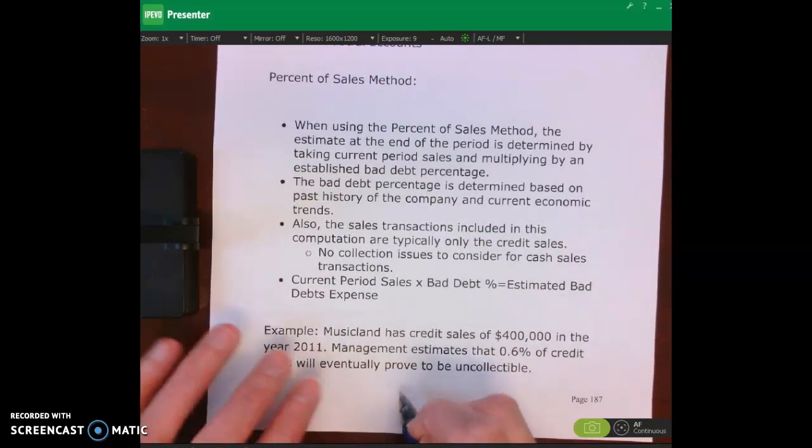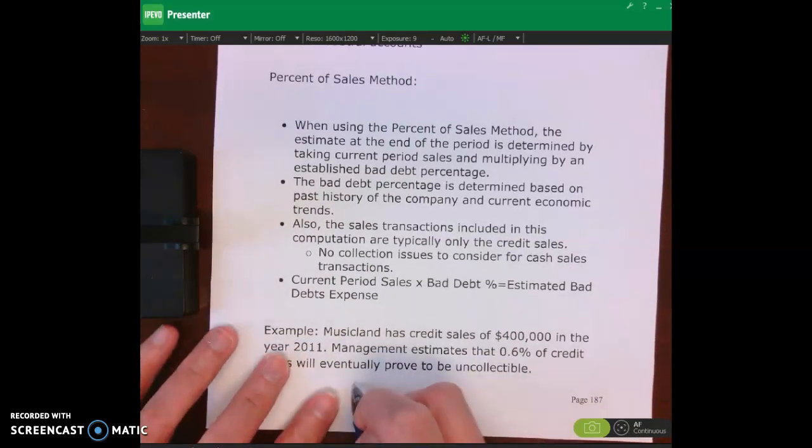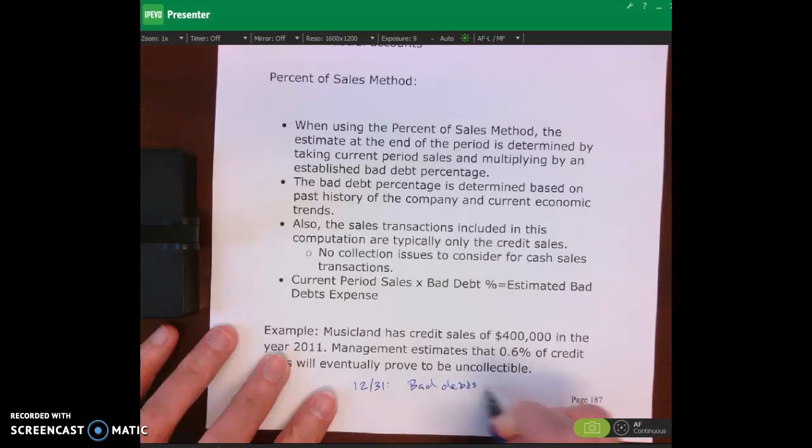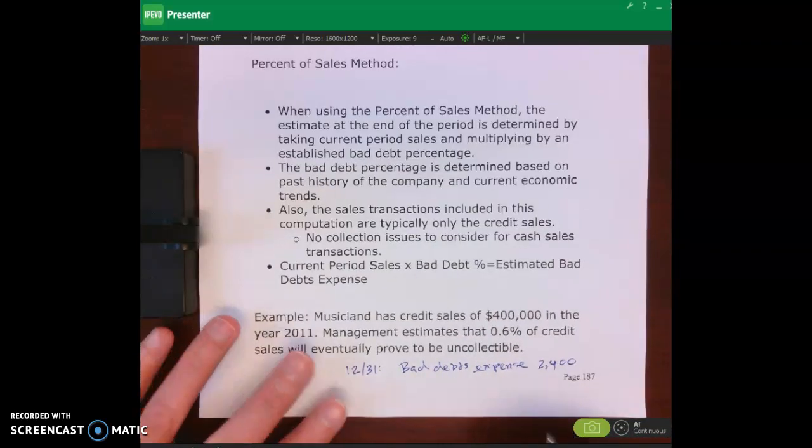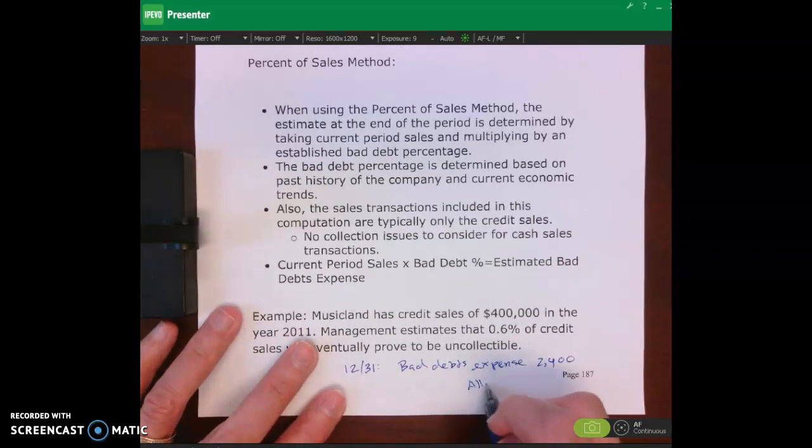So we would debit, remember this would be on 12/31, bad debts expense for $2,400, and then we would credit the allowance.